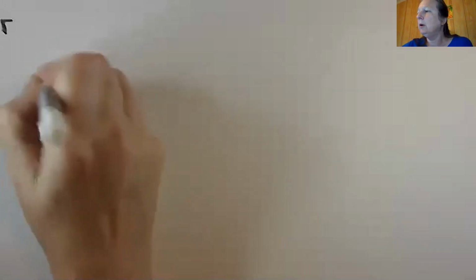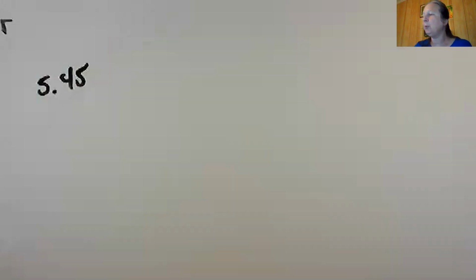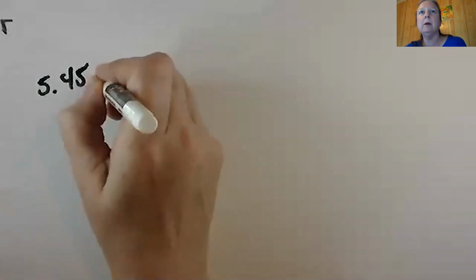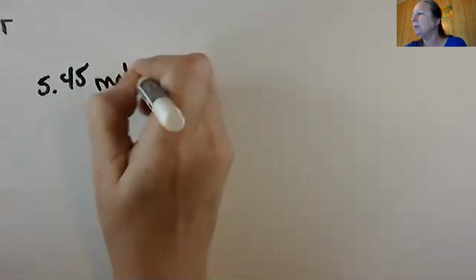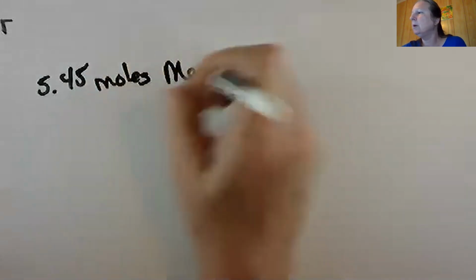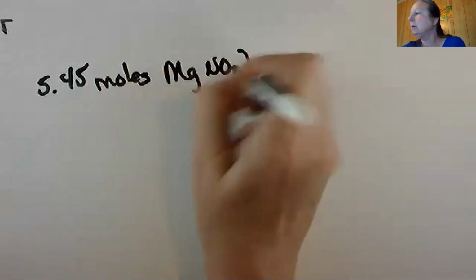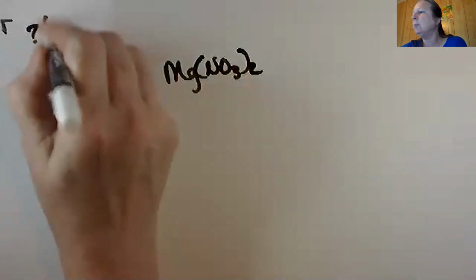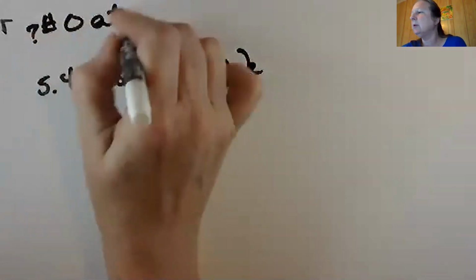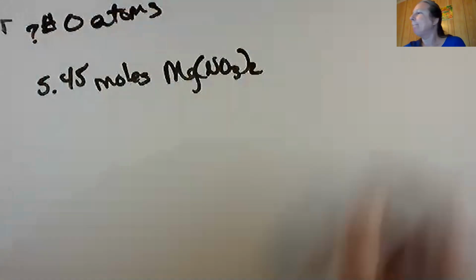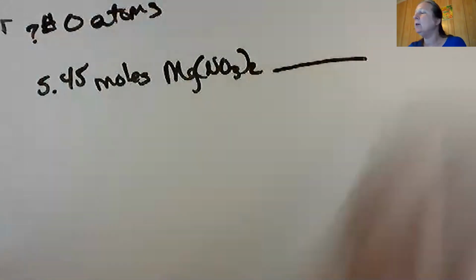And let's see if I can work this out without running completely out of board space. If you're just putting units in, it's easy to go back and erase some units and throw some more in. So I have moles. And we're looking for number of oxygen atoms. Okay, so I can't go directly.